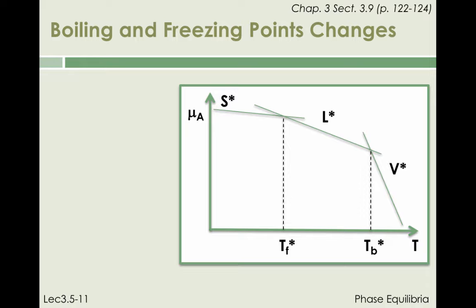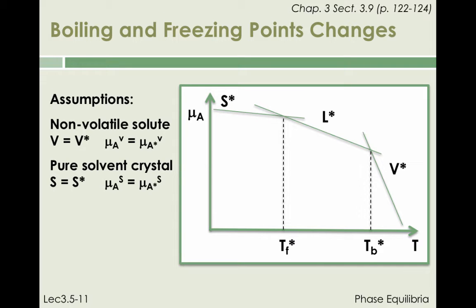Where the solvent chemical potential curve for the solid intersects that of the liquid, we observe the melting or fusion temperature of the pure solvent. Similarly, where the chemical potential curve for the liquid intersects that of the vapor, we observe the boiling or vaporization temperature of the pure solvent. We now examine how this diagram needs to be modified for solution of a solute B in solvent A.